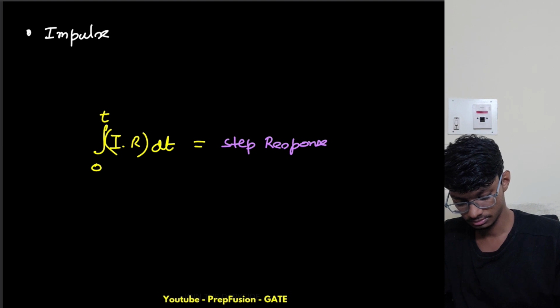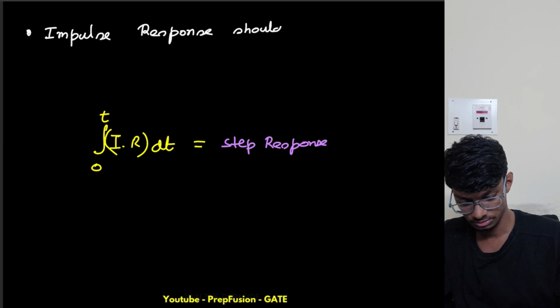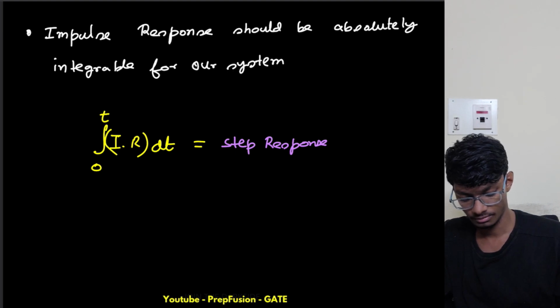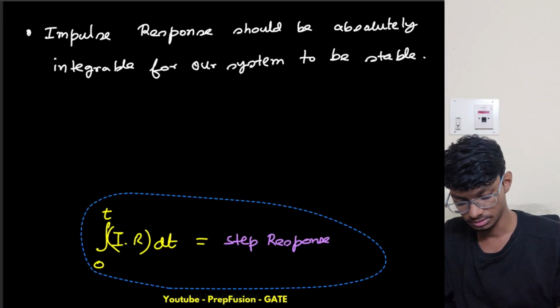Impulse response should be absolutely integrable to be stable. So yeah, this is also another point. What does this mean mathematically?